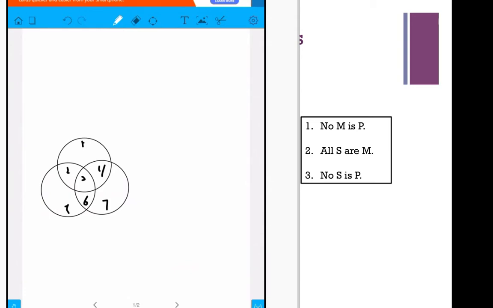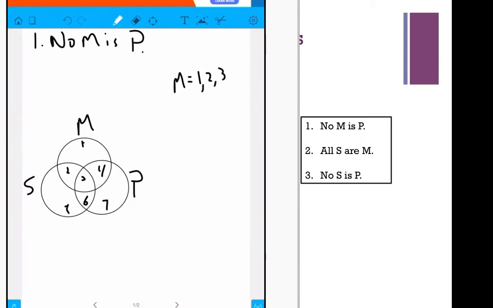And the first thing we do is we diagram the combined premises. And you might remember that, and I'll write this up here just so we can see it. No M is P. And M, oh sorry, I forgot to put these in. We put these in. And M is equal to region 1, 2, 3, and 4, and P is equal to region 3, 4, 6, and 7.